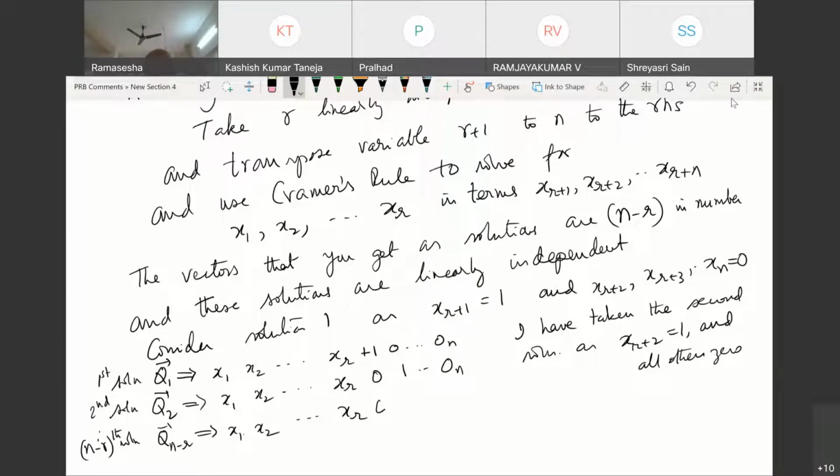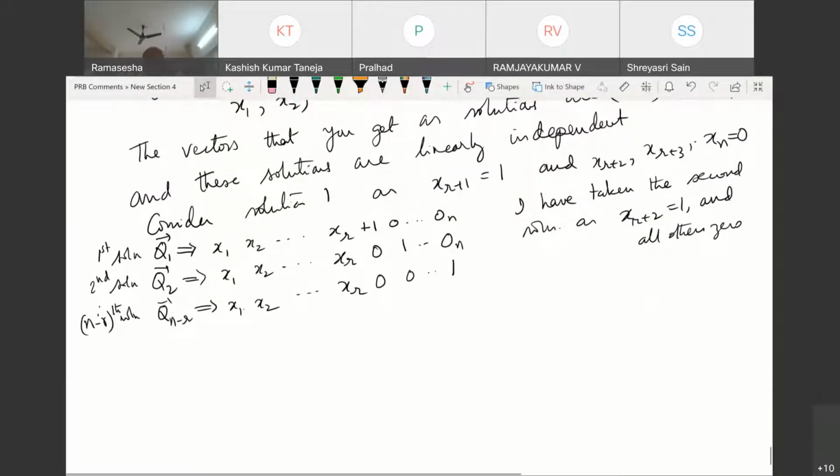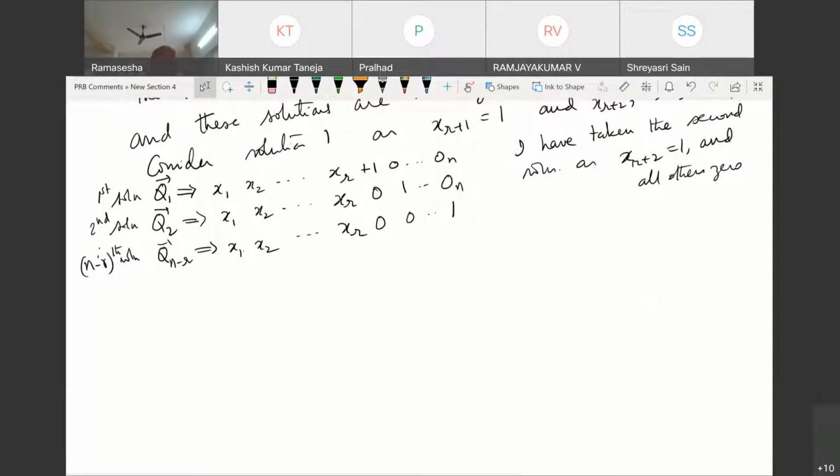Now consider the matrix of coefficients of components.